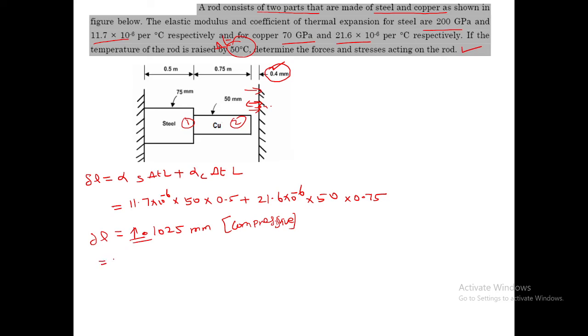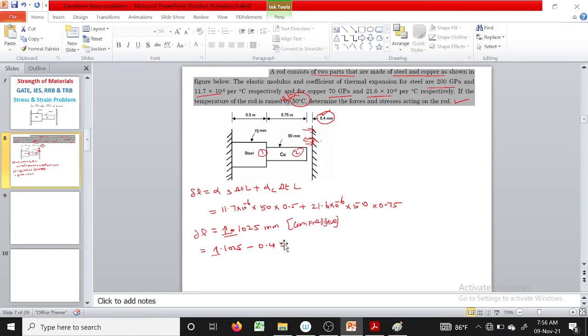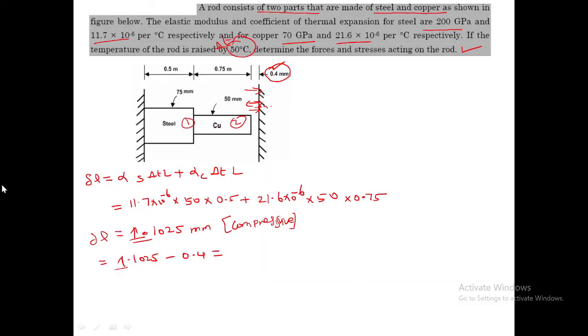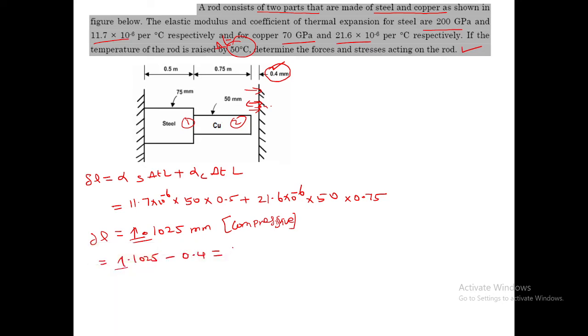The total expansion of the rod is 1.1025. Up to 0.4 there is no stress, so stress happens only over the 0.7025 distance.